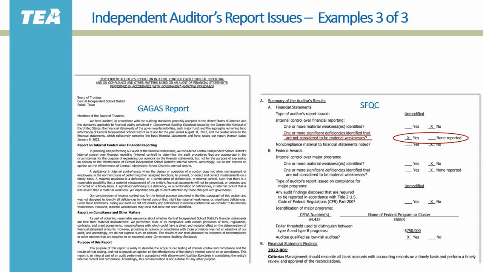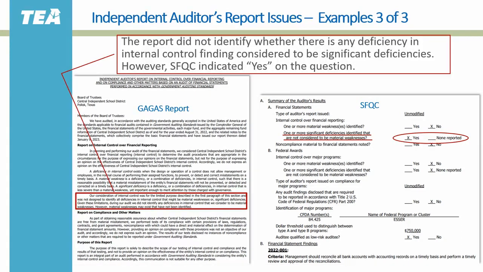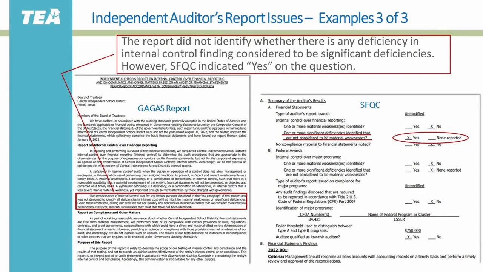However, on the left side, the GAGAS report indicates that, given these limitations, during our audit, we did not identify any deficiencies in internal control that we consider to be material weakness. This paragraph did not address if there is any significant deficiencies in internal control identified. For any finding disclosed in the schedule of finding and the questioned costs should be also reported in the GAGAS report accordingly.